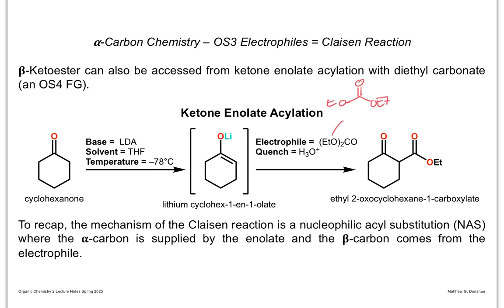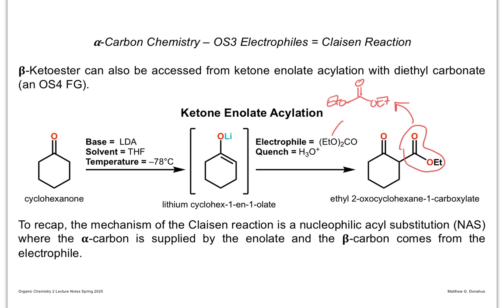So notice in the product that the ester part is coming from that. The beta carbon is coming from a ketone. So you can kind of flip the partners in that regard.